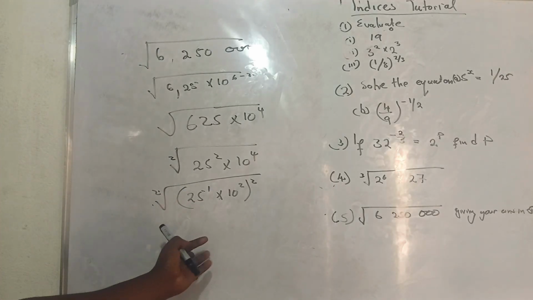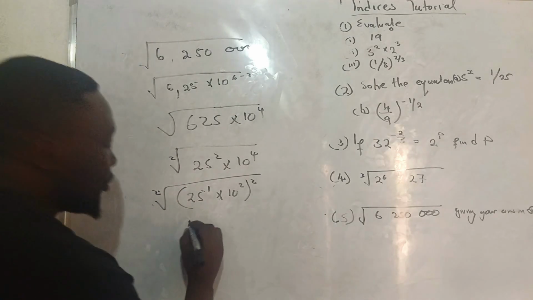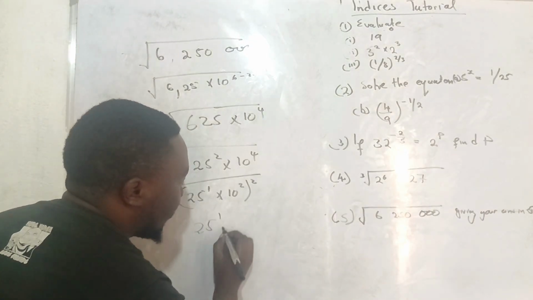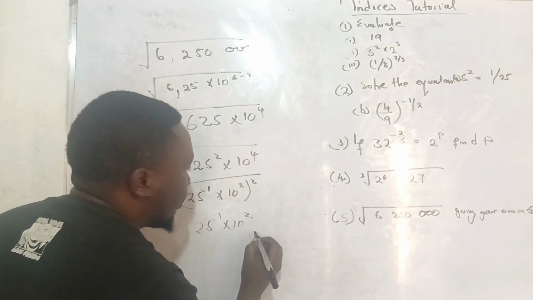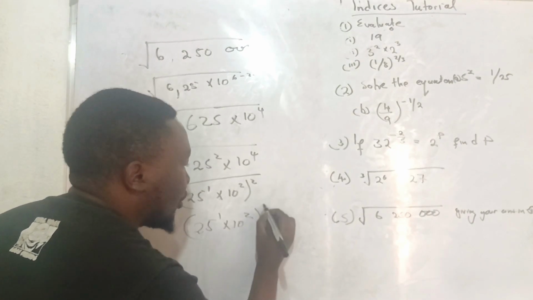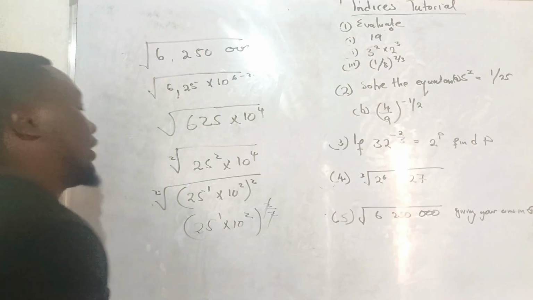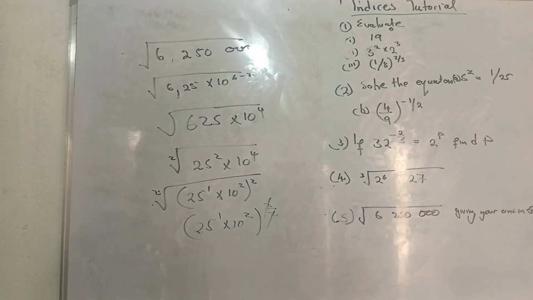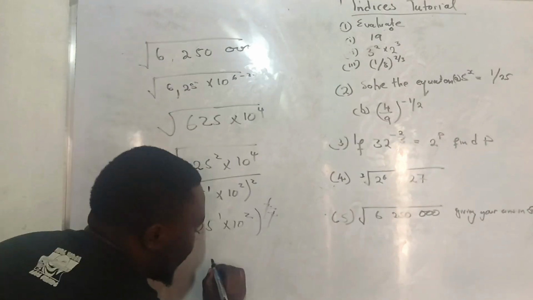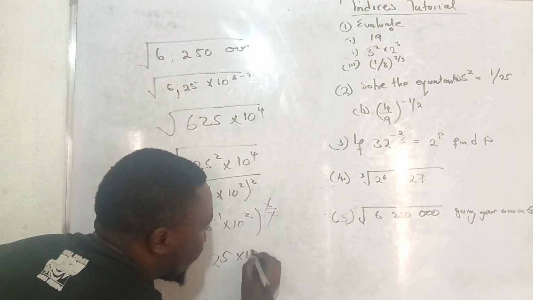So that's simple, eh? So you're going to have 25 to the power 1 multiplied by 10 to the power 2. So you're going to have 25 times 10 to the power 2.